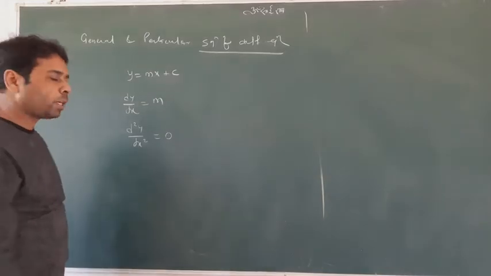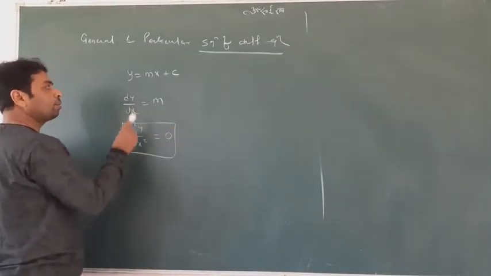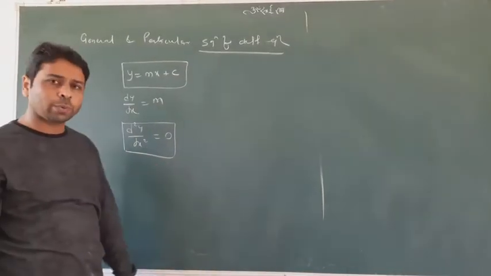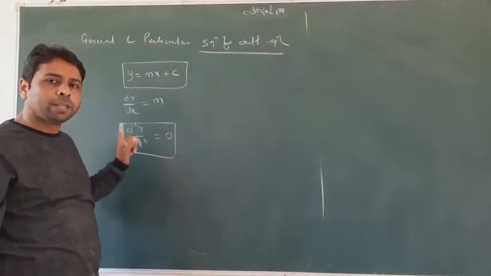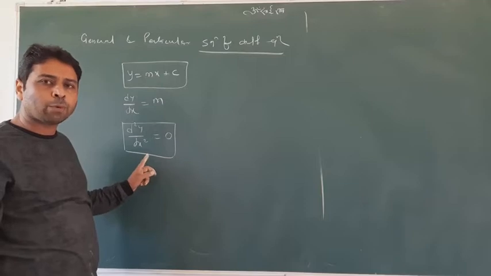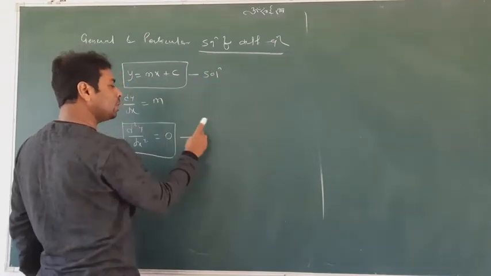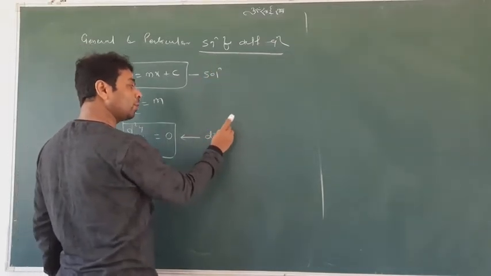So what did we get? This equation and this. This is the equation and this is the differential equation. I simply tell you, this differential equation we have got from this equation after doing the differentiation. So this is called the solution and this is called its differential equation.